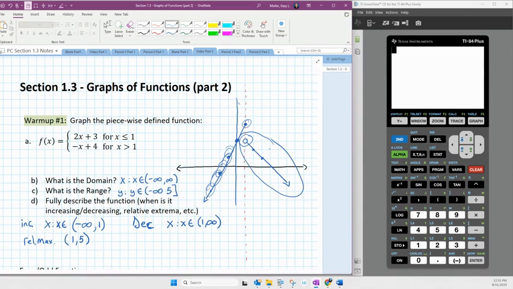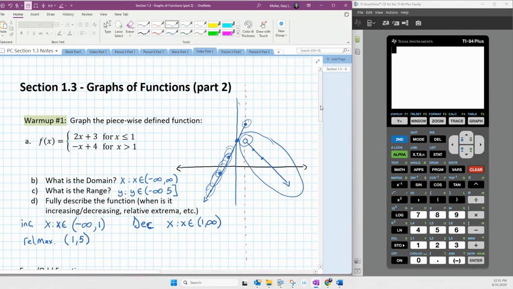Because if you told me 2.9, I could say, well, what about 2.999? We could keep going and play this game forever. So there is no value you can specifically identify that is bigger than the points around it. And so we have simply this one maximum up here, and we have no minimums because there's no spot where it's lower than all its friends. So that's all we've got.